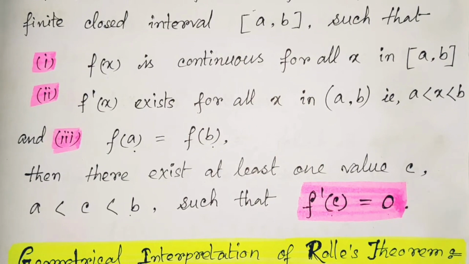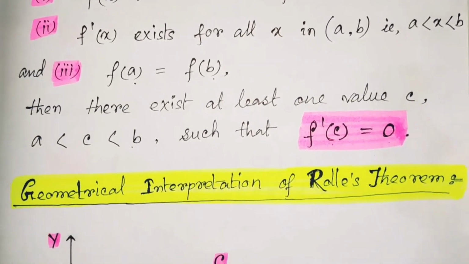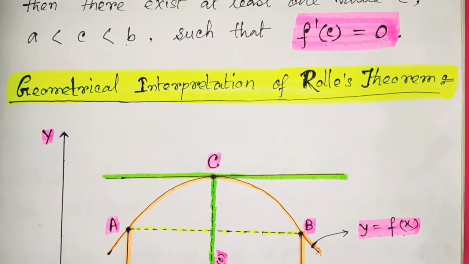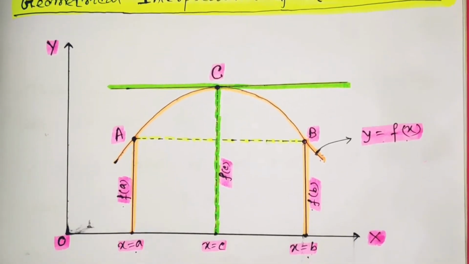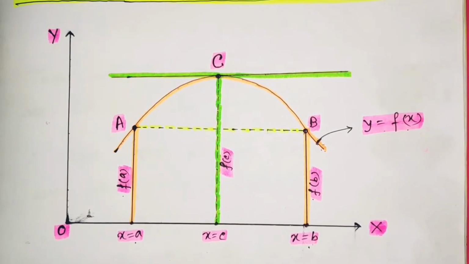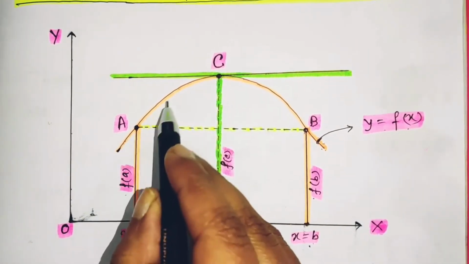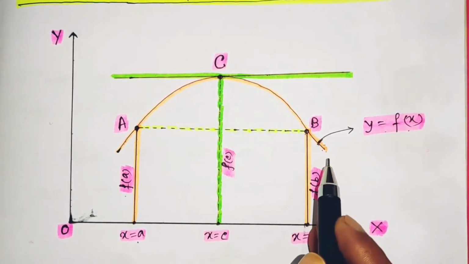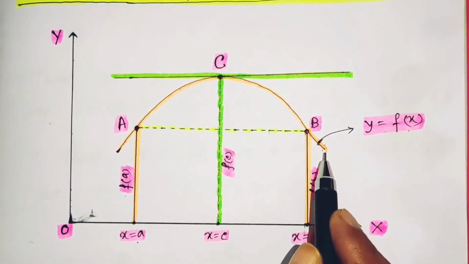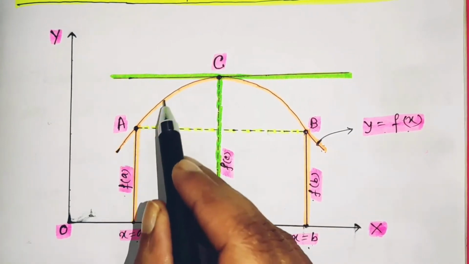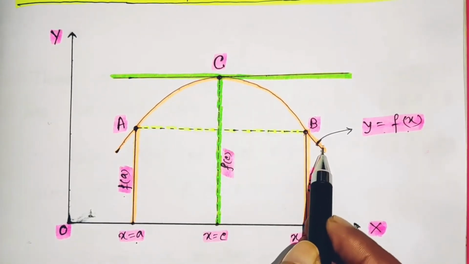Now let us explain the theorem geometrically so that we can understand it better. For the geometrical interpretation of Rolle's theorem, let this one be the function f(x). As for the given situation, the function is continuous. Continuous means there is no break in the function.